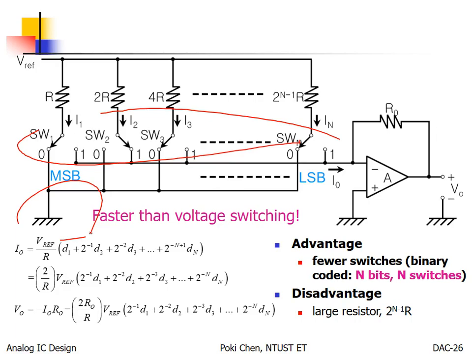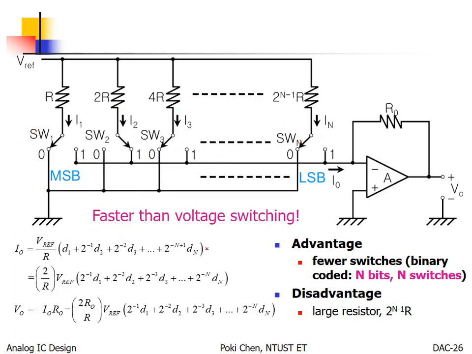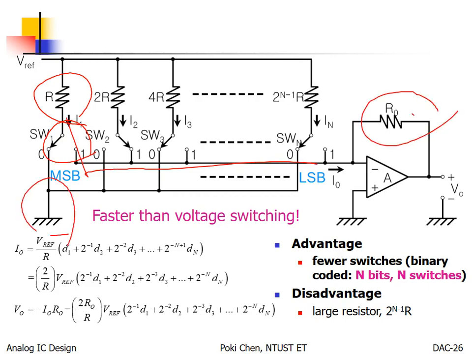What is the difference? Allow me to highlight the crazy idea for you here. You can see the current is never been turned off. It is either connected to your output or to another ground.